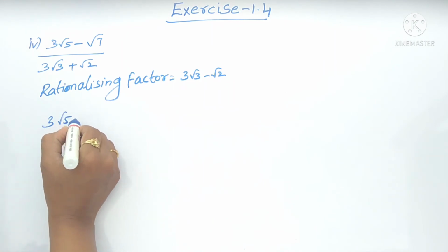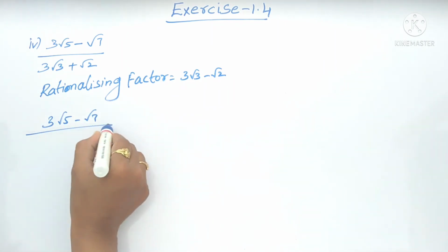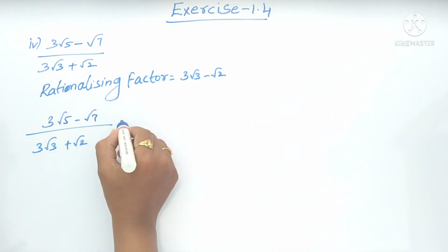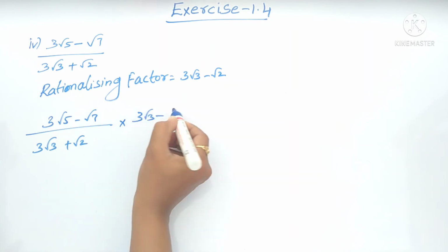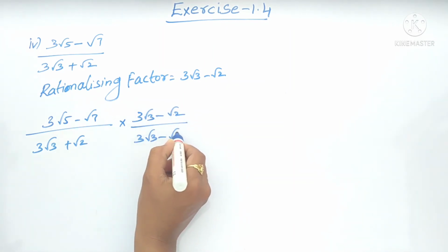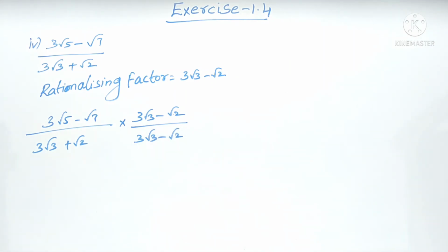So 3 root 5 minus root 7 by 3 root 3 plus root 2 into 3 root 3 minus root 2 by 3 root 3 minus root 2. So we multiply both numerator and denominator with the rationalizing factor.